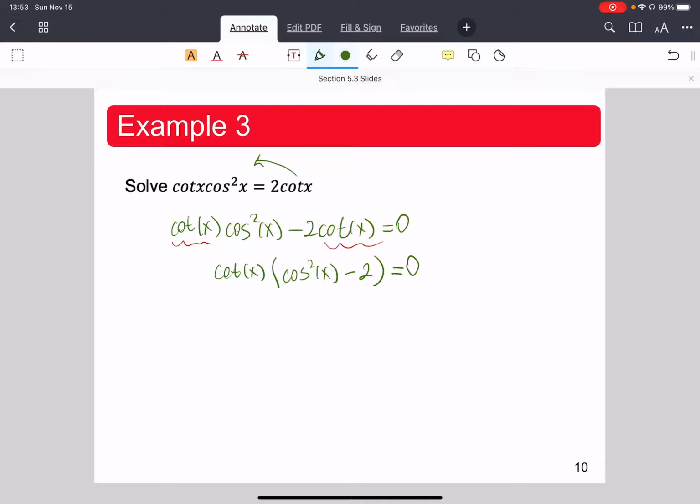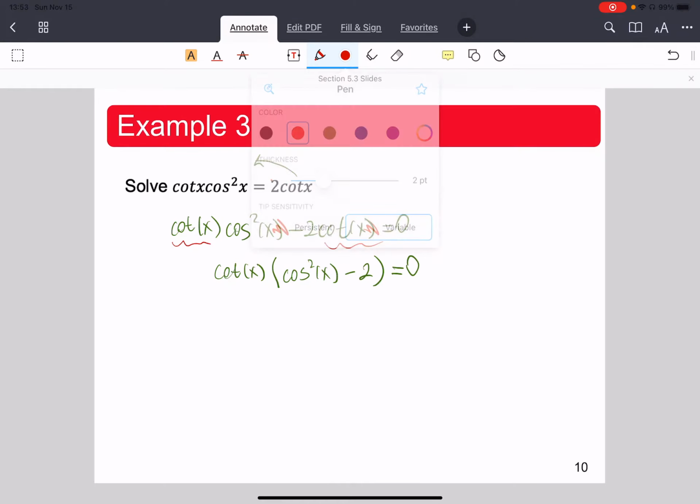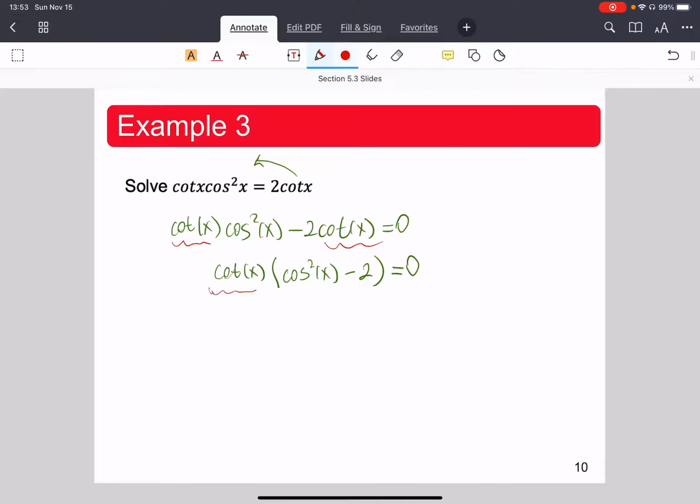So now you guys realize that I have cotangent times cosine squared minus 2. Either of these needs to be 0 so that this equation would work. So the possibilities are either cotangent x is 0 or cosine squared x minus 2 is 0. So I need to find x's that work.